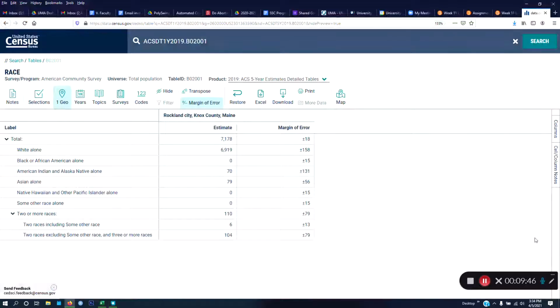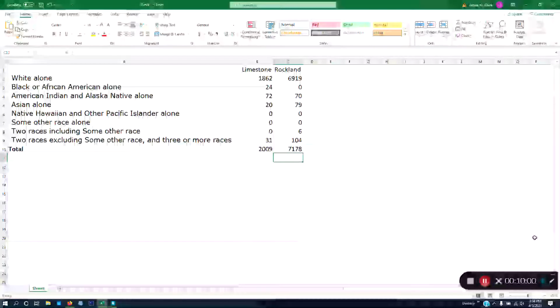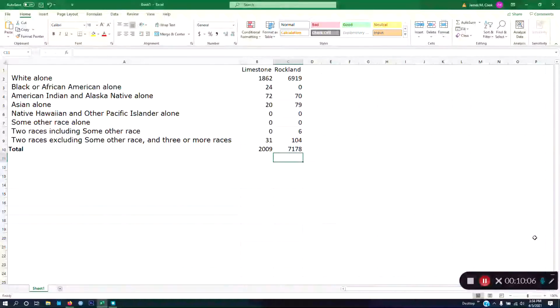Okay, great. And that is also the total that is presented here. Good. So now that we have this information, how can we compare these two places? We can't yet, really. We can sort of get a general guess, but percentages are what we're going to want to convert these to.